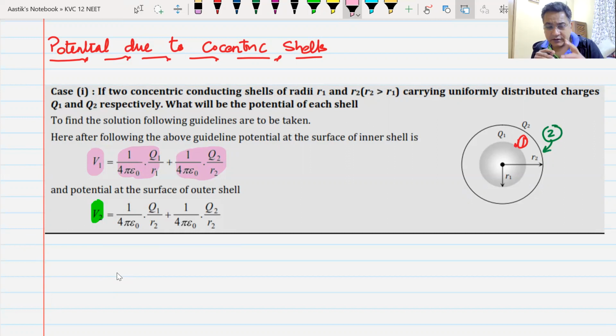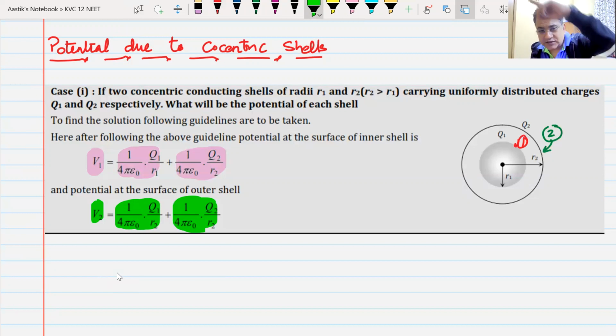For one, I will use the formula on the surface. For the other one, I will use the formula for inside the shell. Similarly, to find the potential on the outer shell, for the inner shell I will use the formula for outside the shell, and for the outer shell, I will use the formula for potential on the surface of the shell. This is the way I can find the potential of these shells. Do we understand this?